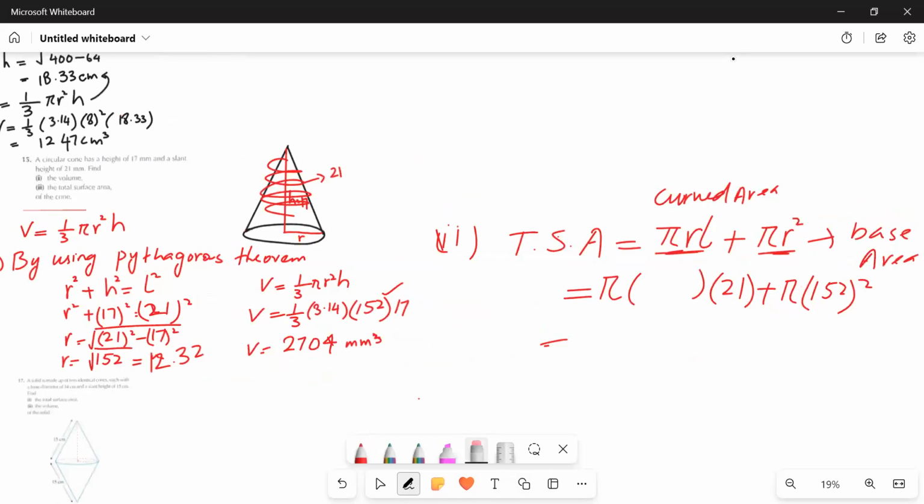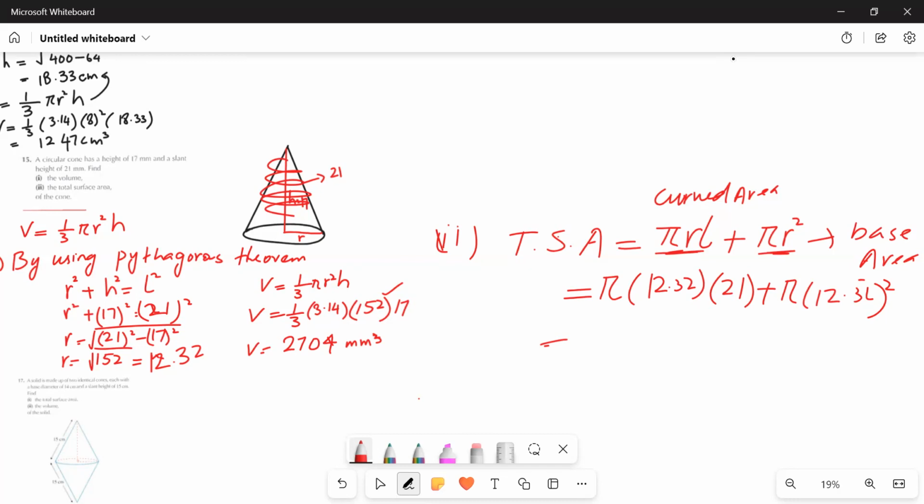We are putting here the r value, that is 12.32, and here we are substituting the value 12.32 square. Okay, these are the r values.